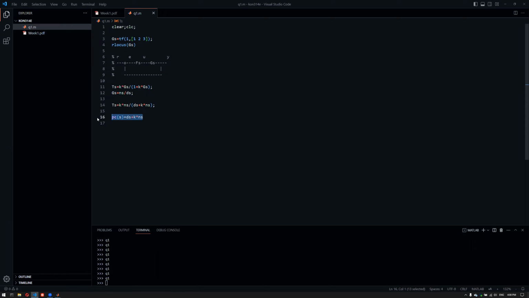The same goes for the closed loop transfer function T(s). So we should take the characteristic polynomial or the denominator of it and check for its roots. If these roots are on the left half plane, then we are good to go because we have a stable closed loop system. If that's not the case, then the value that we have used for evaluating the roots is not usable because it's not stable.